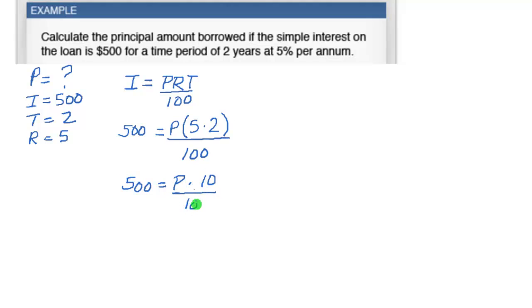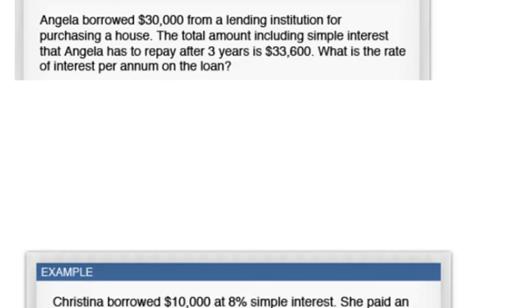I like to reduce those. So we have P divided by 10 equals 500. And so P must be 500 times 10, or $5,000. So your principal was $5,000, and you made $500 simple interest on that after 2 years.